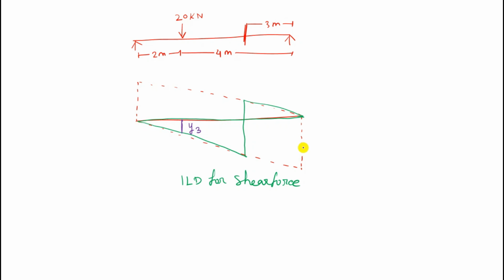So how can you calculate? This value is 1 and this value is 1. Okay. So you see this distance is 2 meter.